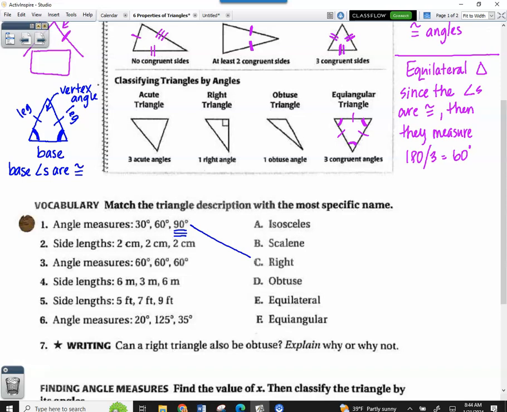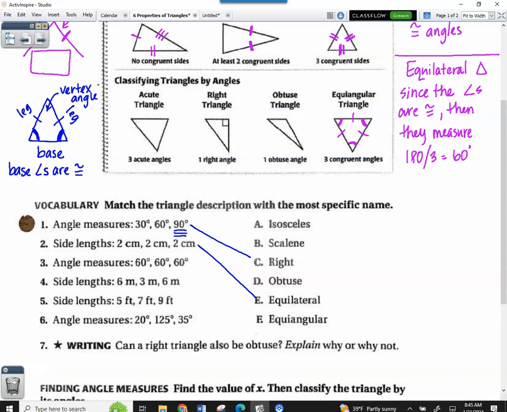But the most correct answer is definitely that it's a right triangle. All right? If you have a triangle measuring 2, 2, 2, what would that be? Yeah, all of the sides are equal. So it's a 2, 2, 2 triangle. You could also say equiangular, because if the sides are equal, then the angles are equal. But we're going off of the info that they first present.